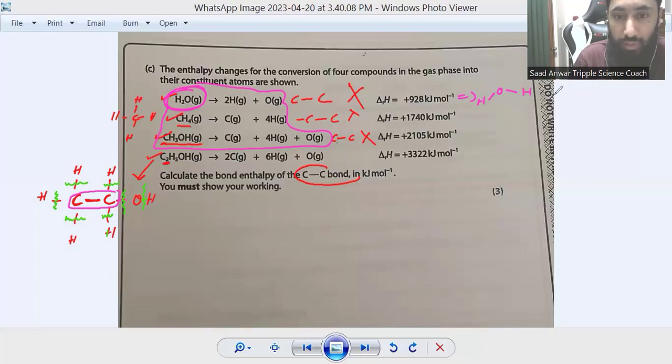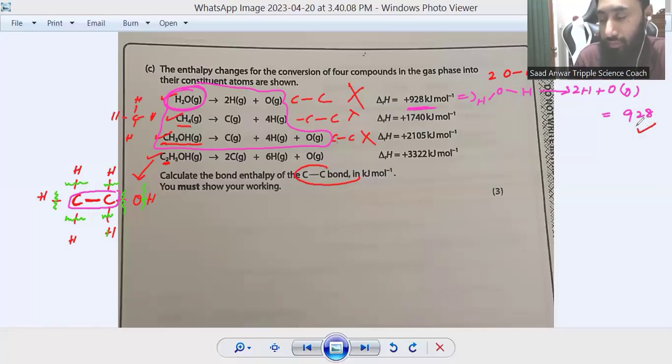When we break this water molecule, we get two hydrogen and oxygen gas, and this amount of energy is given out when you break a water molecule, having two oxygen-hydrogen bonds.